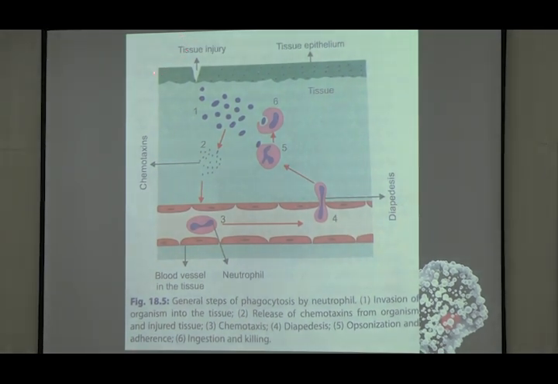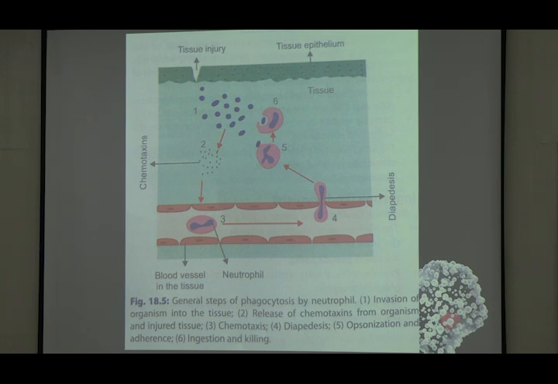Tissue injury, this is the epithelium, and this foreigner entered, and they release some toxins. These are chemotoxins. Now, whenever there are any chemotoxins here, our complement system senses it immediately and reacts.